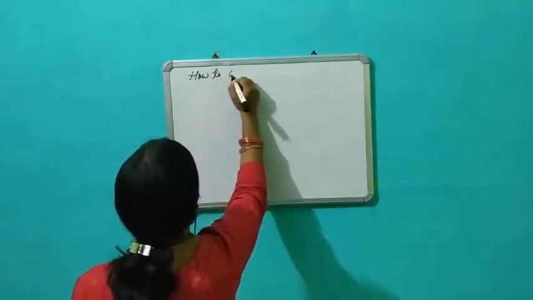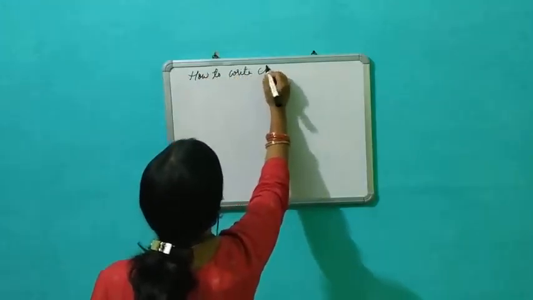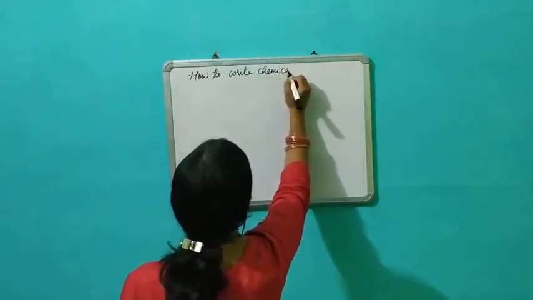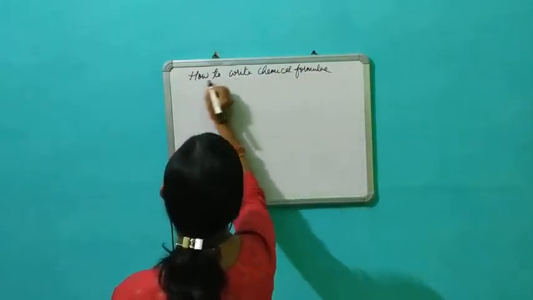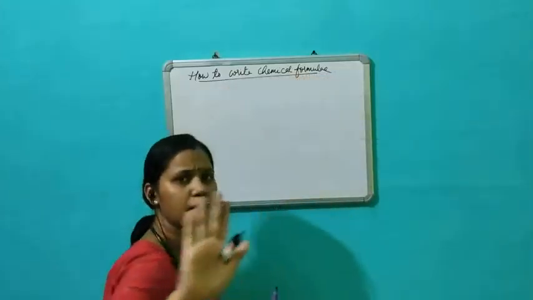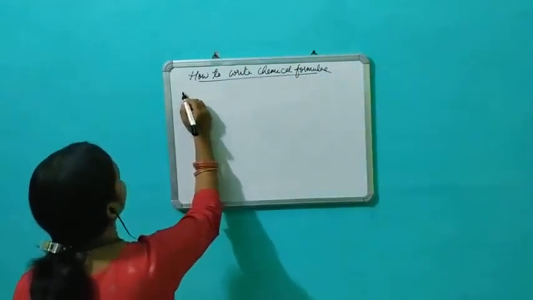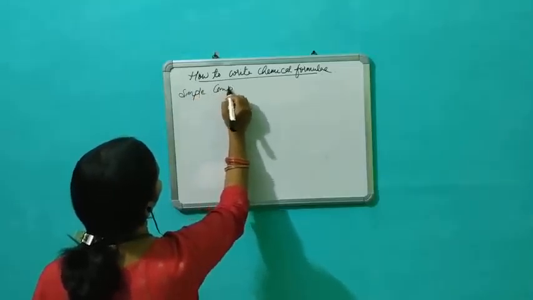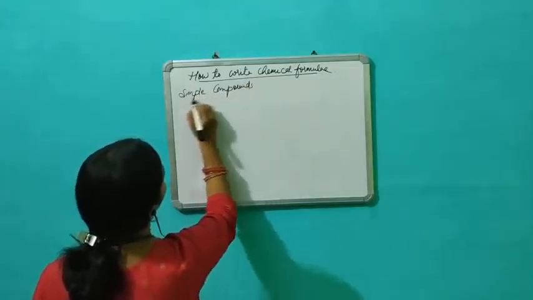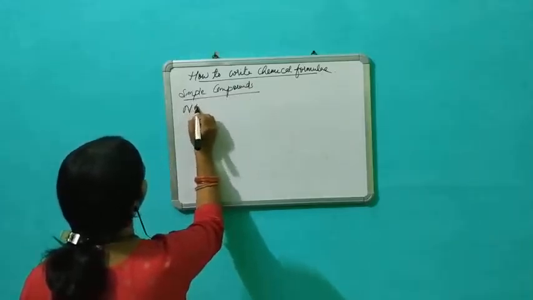How to write a chemical formula? A simple example, ammonia.